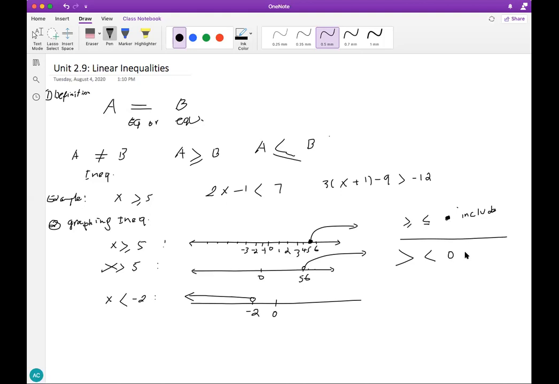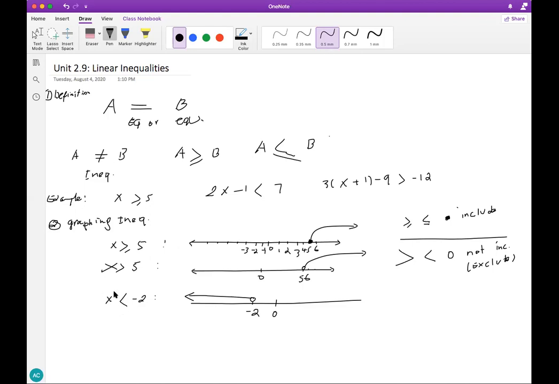So this means exclude or not include. Okay, not include, or you can just say exclude. It's the opposite of include. Okay, that's the graphing part.